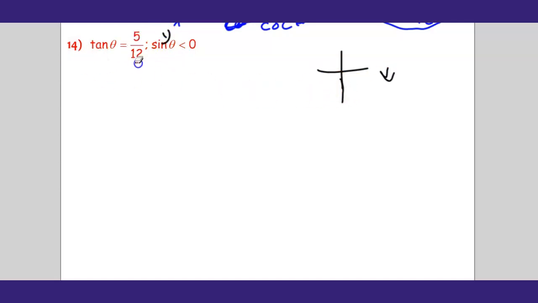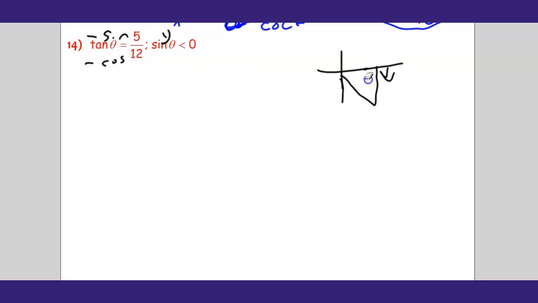But tangent is 5 over 12. Well, if you remember, this is sine over cosine. So we know sine is negative, which is down here, and then this is positive. So it's in the fourth quadrant? Negative sine. And then these are positive, so that means that needs to be negative too.